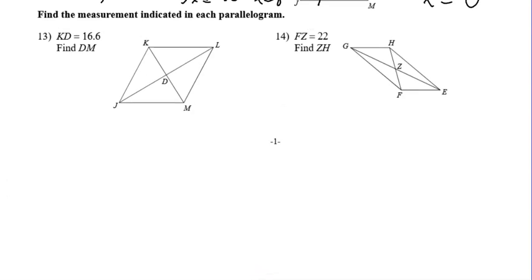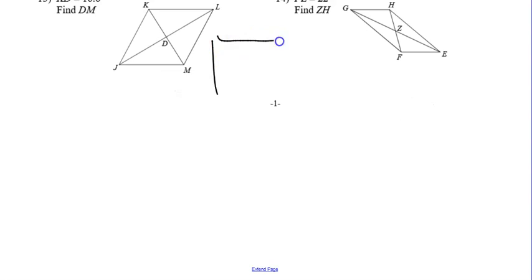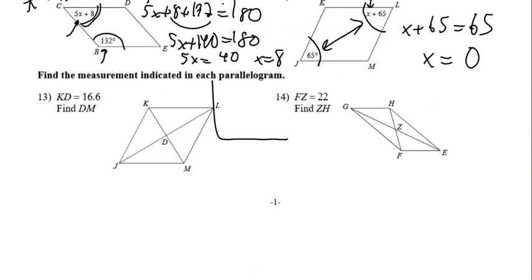All right, now in this one, again, it's telling you it's a parallelogram. So we use what we know. Now KD is 16.6. That's this segment right here, 16.6. What do diagonals do?